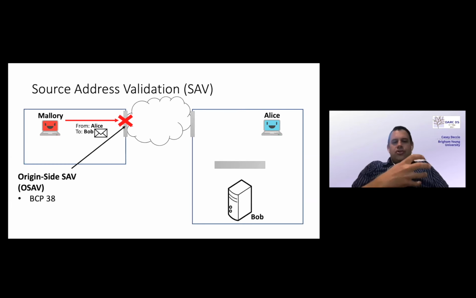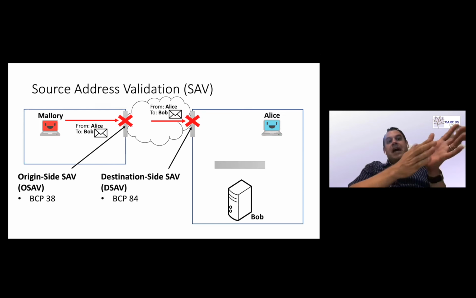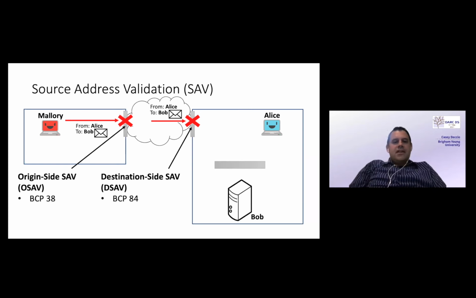The idea is that you shouldn't let a packet out of your network if the source address does not originate from within your network. The other aspect is destination side source address validation. The idea is when a packet is coming in that claims to have originated from within your network, you shouldn't let that packet in because it obviously came from outside. There are some safeguards against this within BCP 84.